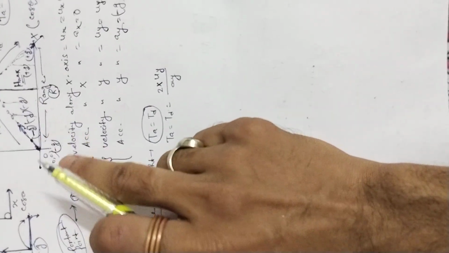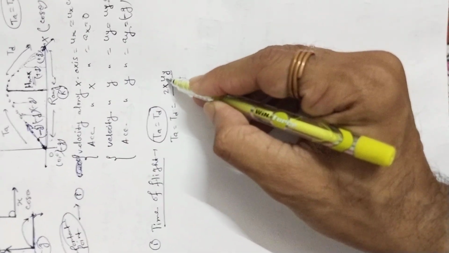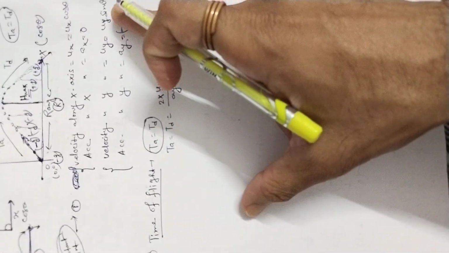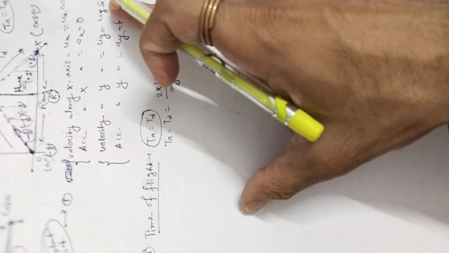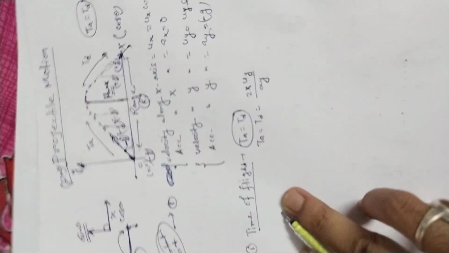Here uy means along the y-axis the velocity. Please see, along the y-axis the velocity is u sin theta.